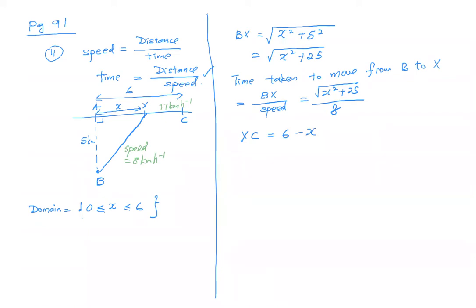So therefore, the time taken, okay, now I cut it short, to move from X to C will be the distance divided by the speed. So therefore, the total time taken in terms of x will be the 2 times you add up.